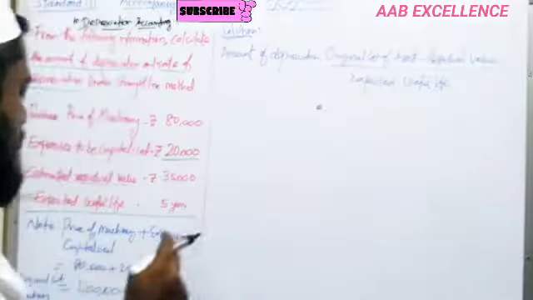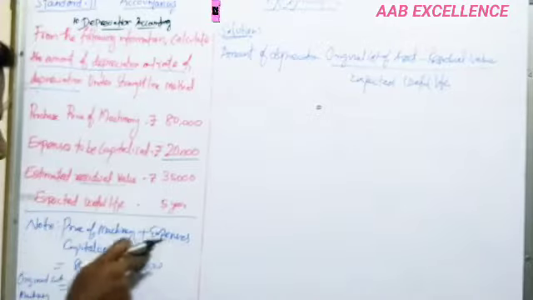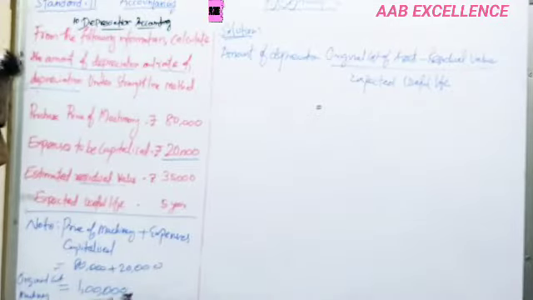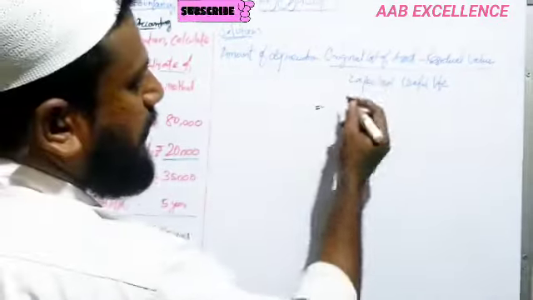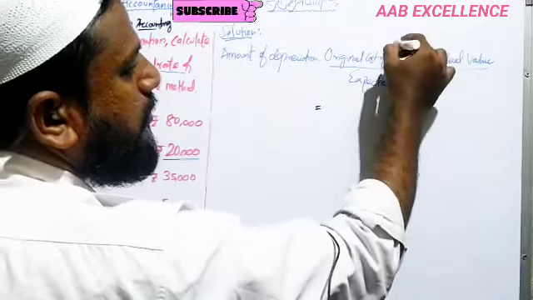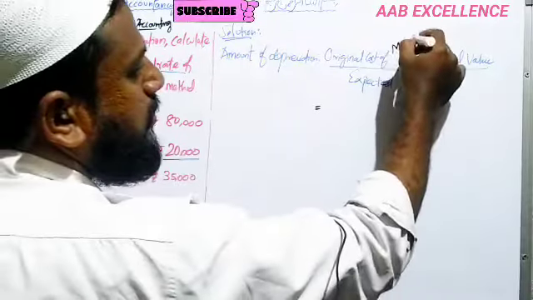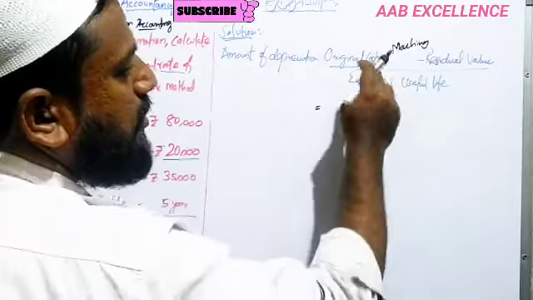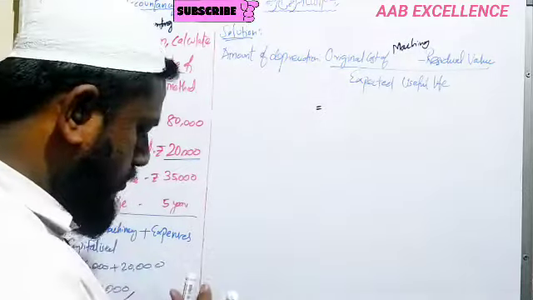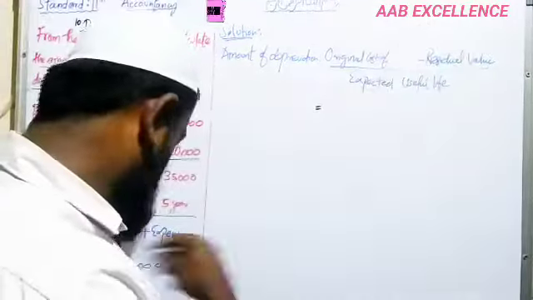Original cost of assets, how do we calculate it? The price of machinery plus expenses capitalized. How much? 1 lakh rupees. The asset name is given, so we write machinery: original cost of machinery.